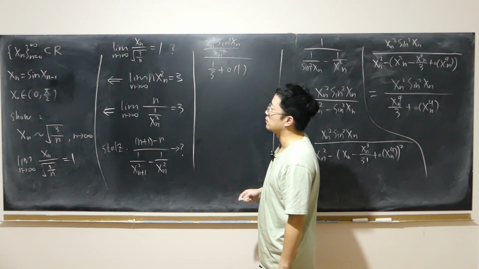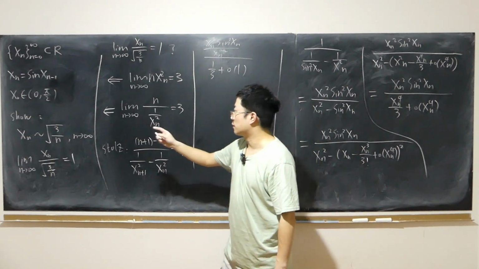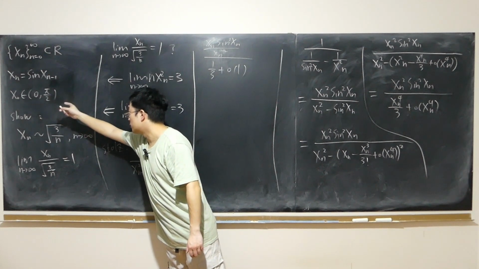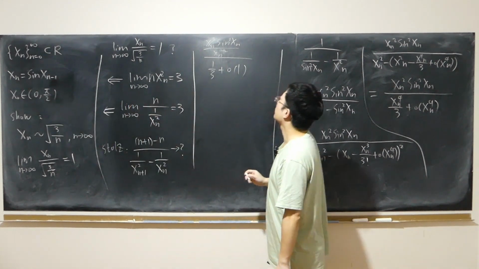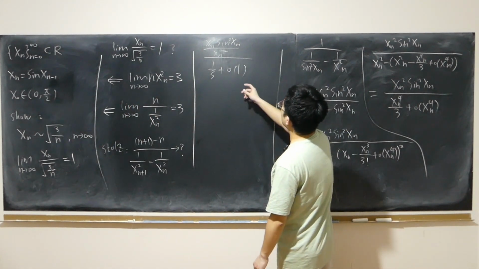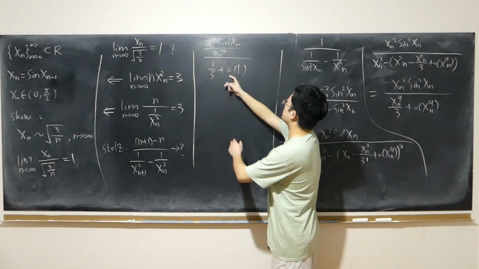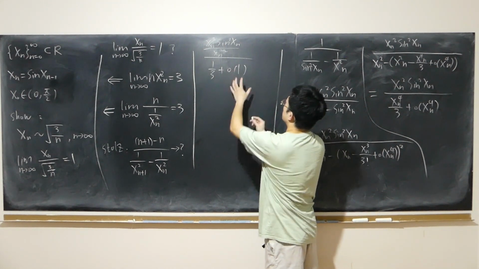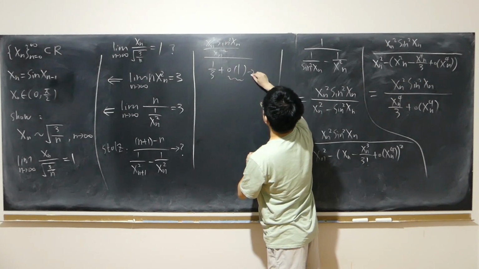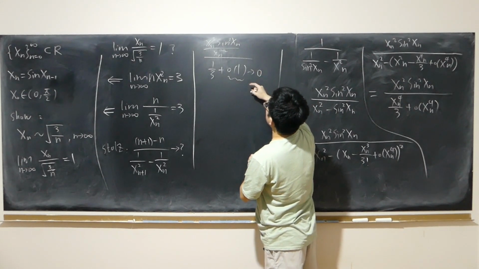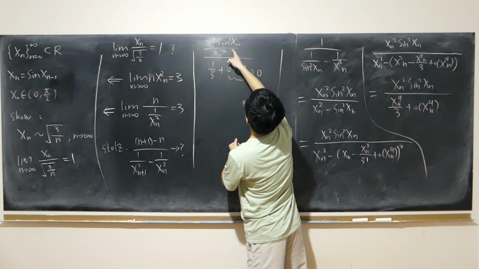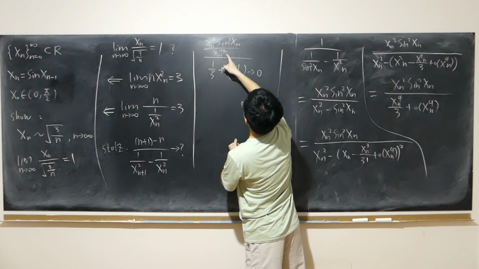The limit already exists, since it's monotonically decreasing and bounded below. So little o of 1 means some sequence approaching 0 times 1, so this term is gone. Also this term, like I said, sine xn over xn, approaches 1.